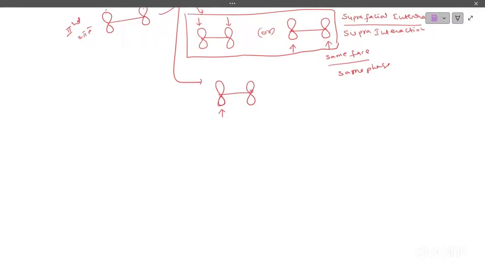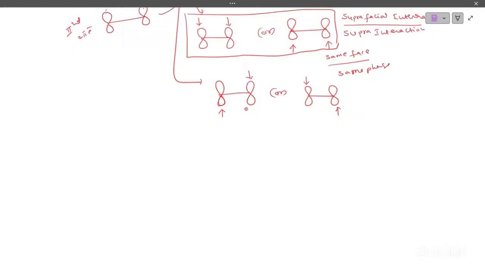The second interaction may be achieved from the other side.